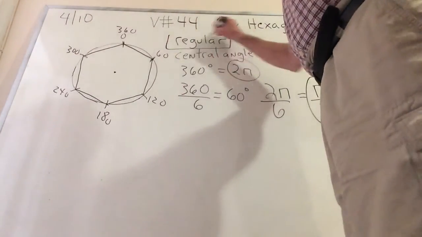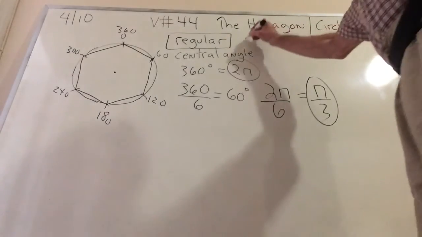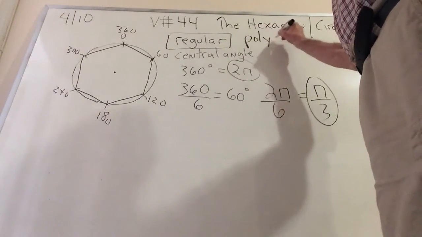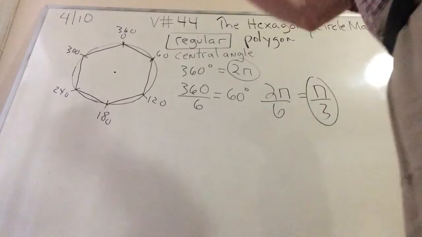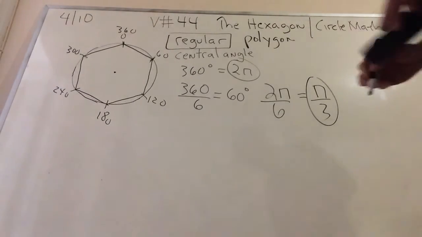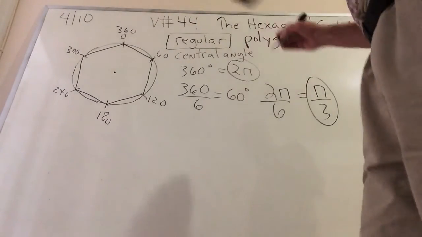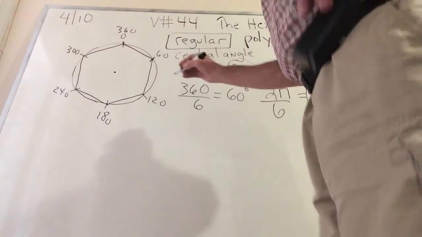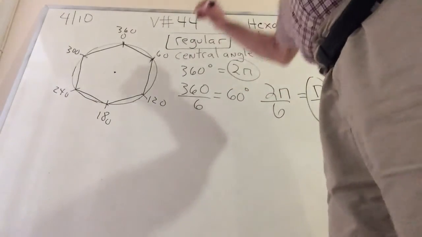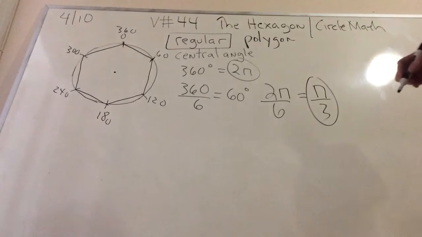That's precisely what it means. So there we go, and we also have the word regular polygon, which we'll talk about down the road, where you can make these shapes regular using circle math. You just make a circle, you identify the center, and just rattle off the degrees as you go along, and there you go, and you have the object.